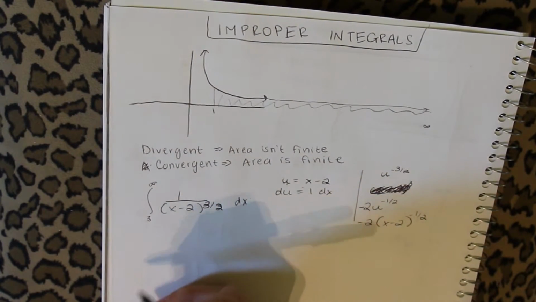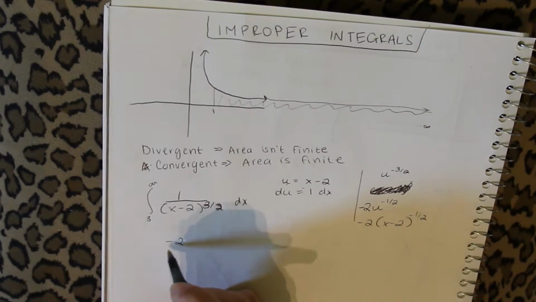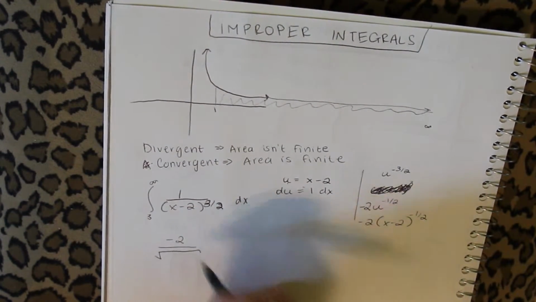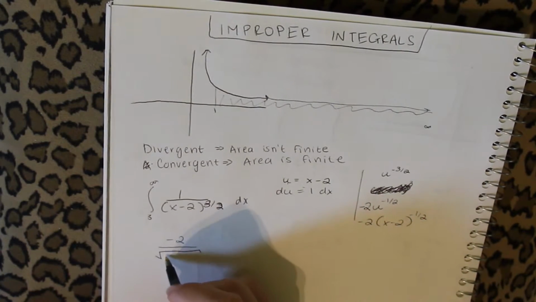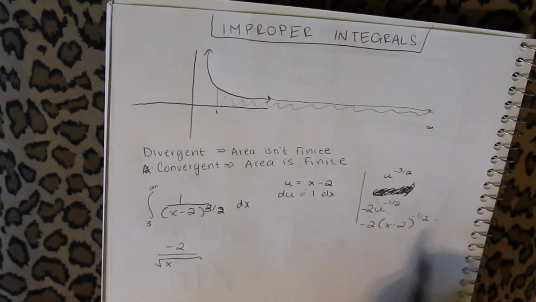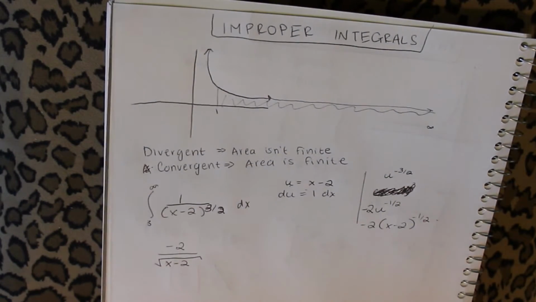And I'm going to rewrite this here neater. Negative 2 over, remember that 1 over 2 just means square root, and negative just means that it's in the denominator. So negative 2 over the square root of x minus 2, there we go.